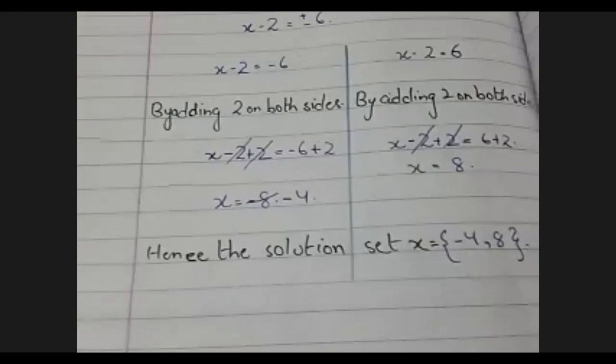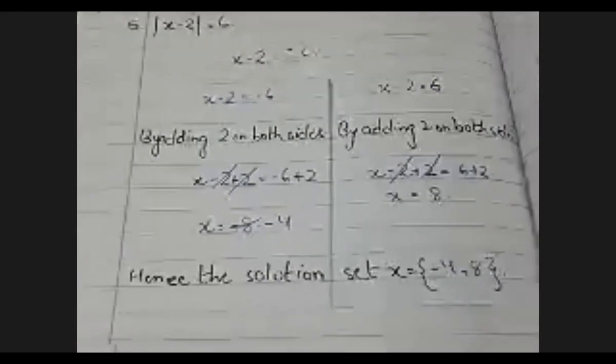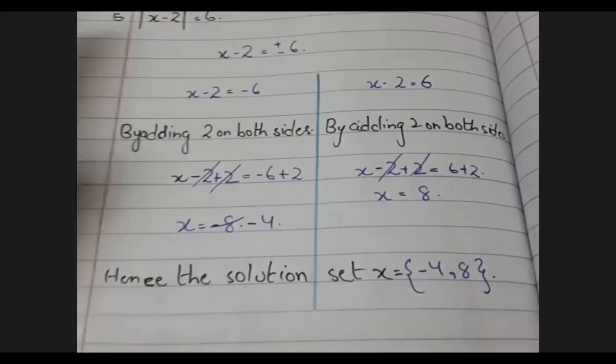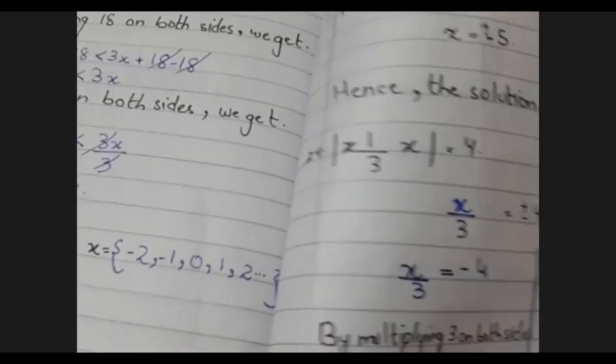Aisha, okay, so here you can see Aisha's copy on your screen. Aisha, can you show me question number 1? Quickly, beta. This is the last minute. Okay, question 1.